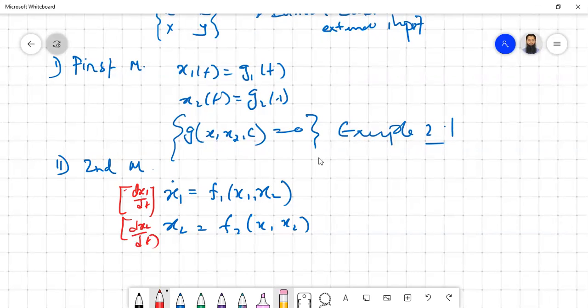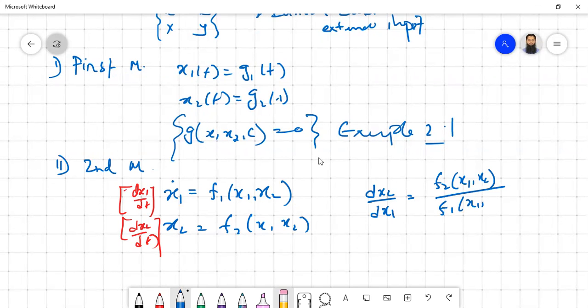If we divide 2 by 1 directly, we get dx2 by dx1, and the time variable is eliminated, equal to f2(x1, x2) by f1(x1, x2). Okay, so pretty straightforward.